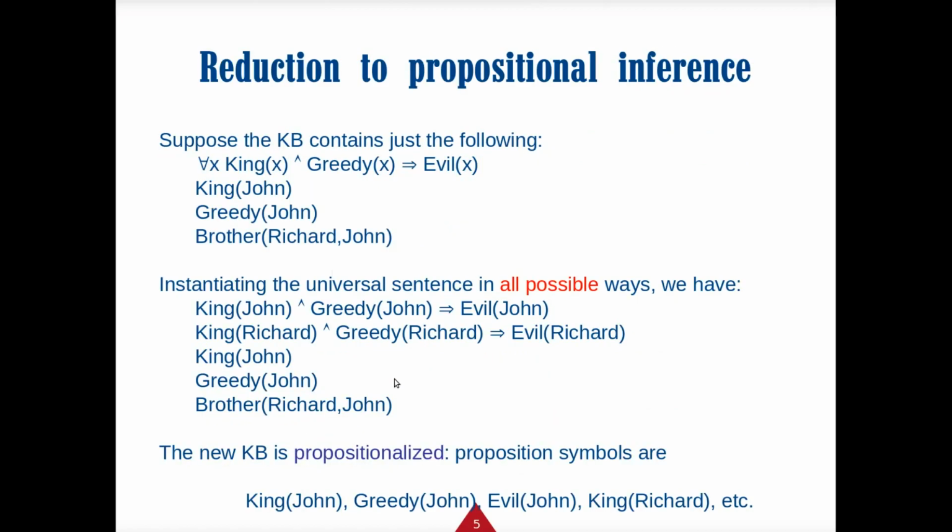And then, to do the reduction to propositional inference, suppose the knowledge base contains the following: for all X, King(X) and Greedy(X) implies Evil(X), and then King(John), Greedy(John), and Brother(Richard, John). We instantiate the universal sentence in all possible ways: we put John in for one case, Richard in for another case, and then we still have the basic sentences King(John), Greedy(John), and Brother(Richard, John).